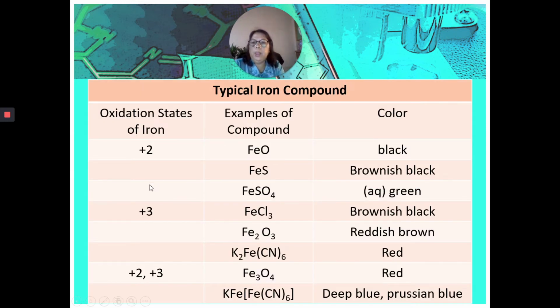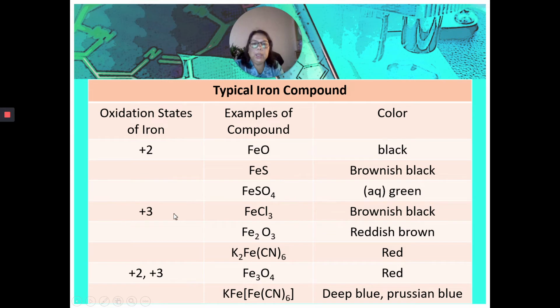Okay, we have here iron. Iron plus 2, iron plus 3. For the case of iron plus 2, its color varies. So if it is working with oxygen, ferrous oxide, it is black in color. Ferrous sulfide, sorry. Ferrous sulfide, brown is black. Ferrous sulfate, green.